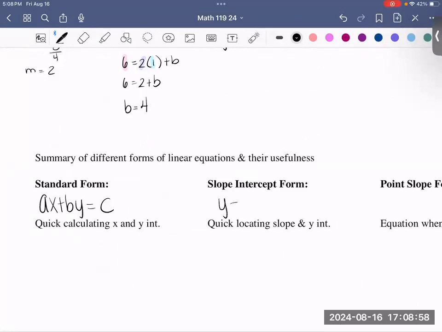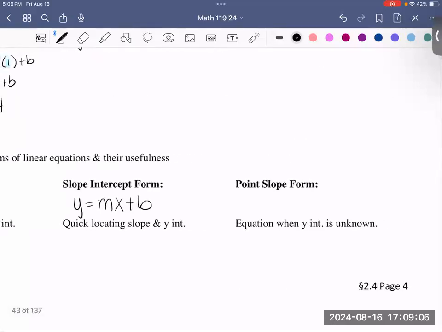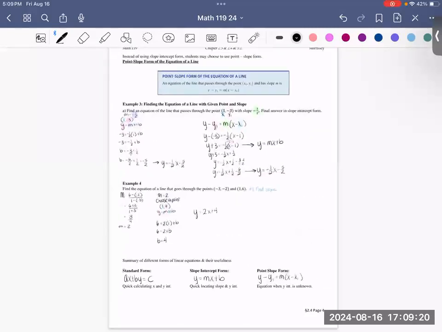Slope intercept form, y equals mx plus b, is really easy if you're just looking for your slope and your y intercept. And your point slope form equation is when your y-intercept is unknown, and it's easy to convert between the two forms. And there you have it.